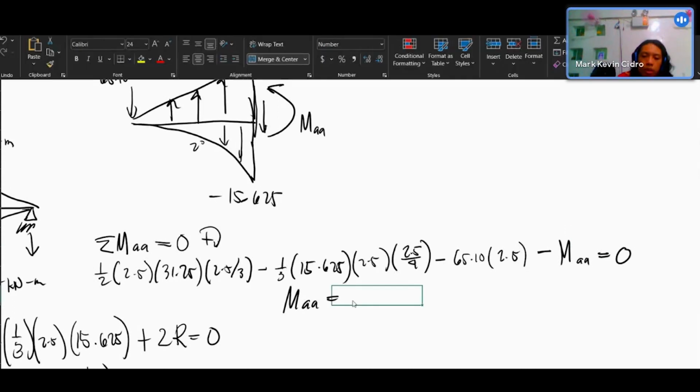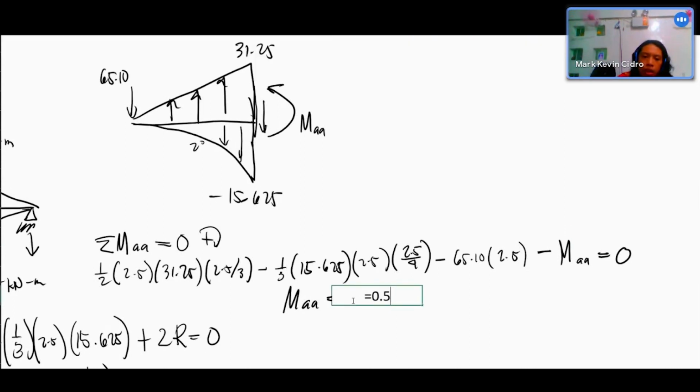This is equal to 0.5 times 2.5 times 31.25 times 2.5 divided by 3, minus 1/3 times 15.625 times 2.5 times 2.5 divided by 4, minus 65.10 times 2.5. Negative 138.34. Is that right?